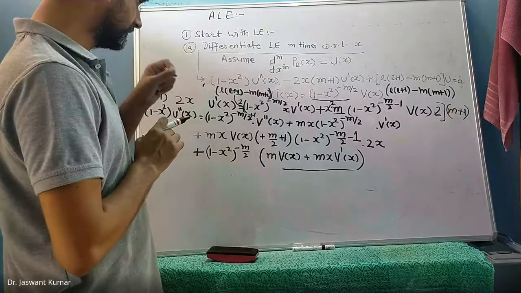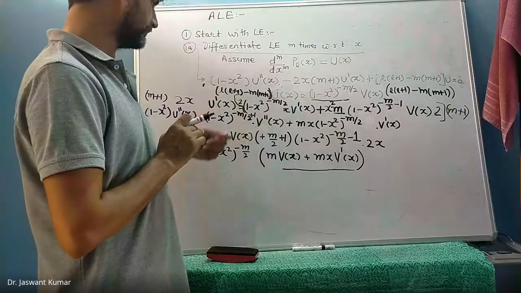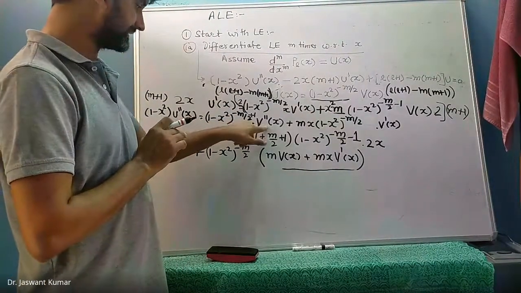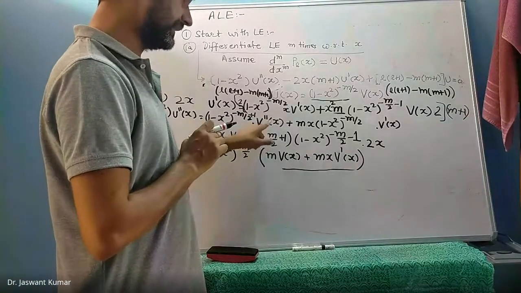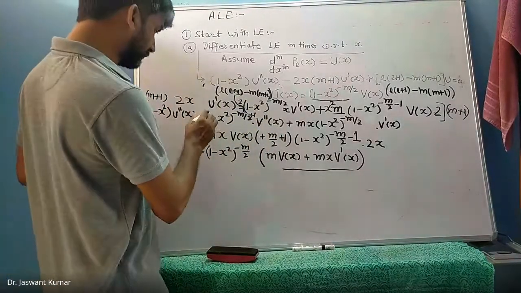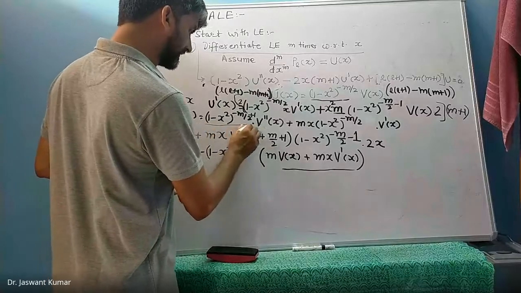Yes, so let us get the v double dash x terms over here. So v double dash x means, because in the u double dash x there is only one v double dash x, the v double dash x term will come because this is the only v double dash x term in the whole expression.